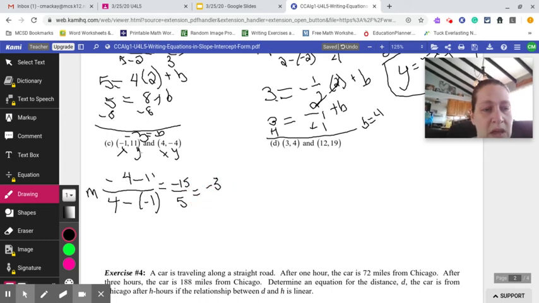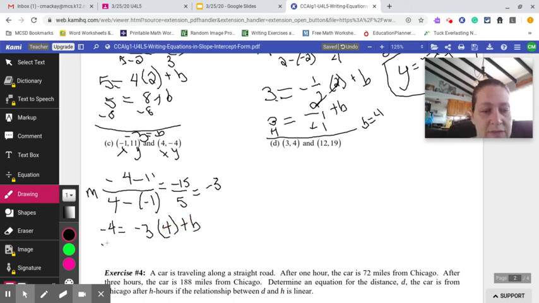Okay. Both of my sets of data have a negative in it, so I'm just going to go ahead and pick 4 and -4. So -4, which is my y, equals my m, which is -3, times my x, which is 4, plus b.